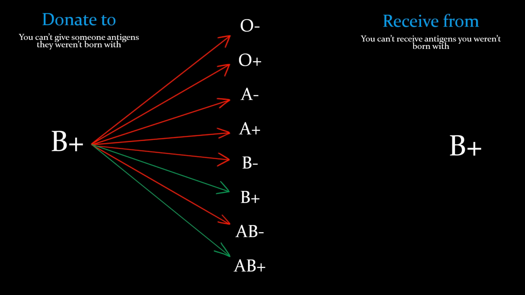So for B positive, we can think of this like, we can donate to anyone so long as they have B and Rh antigens. All right, receive from, go right down the list.